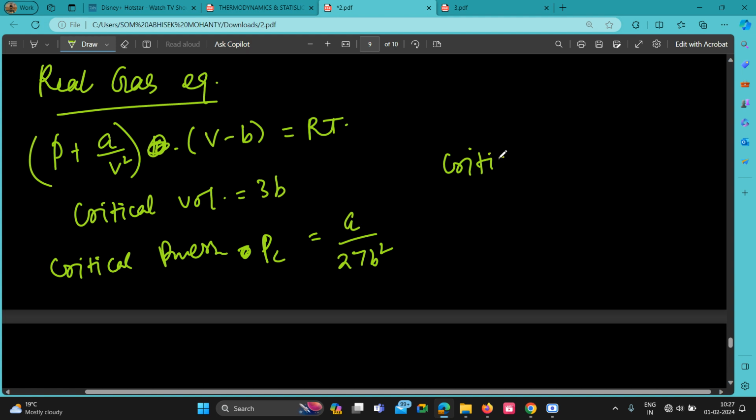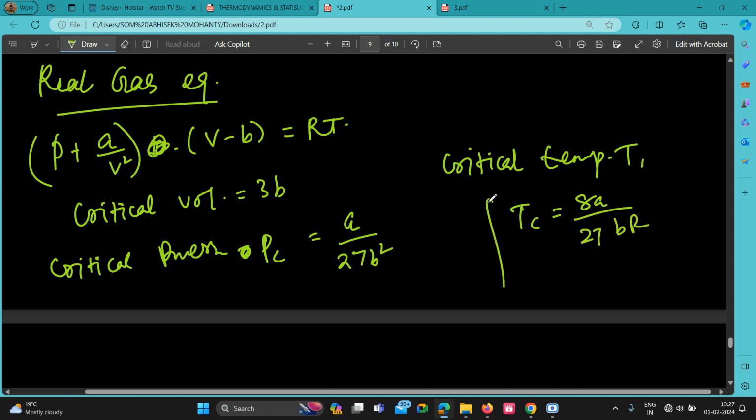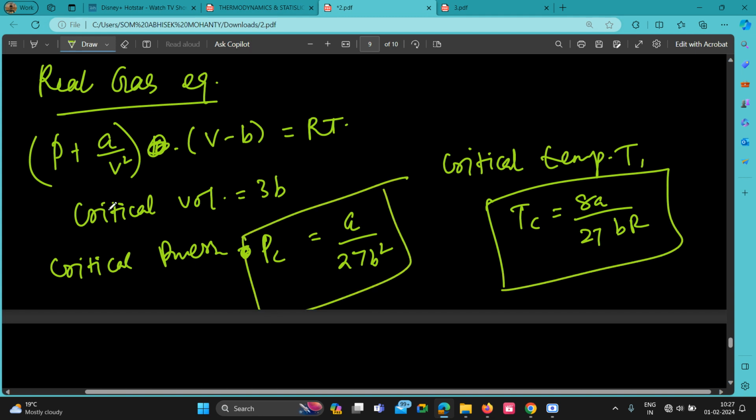Critical temperature, just remember it. If it comes in an option, you can directly take it. Critical pressure is a by 27b square. Critical volume is 3b. Critical temperature is 8a by 27Rb.